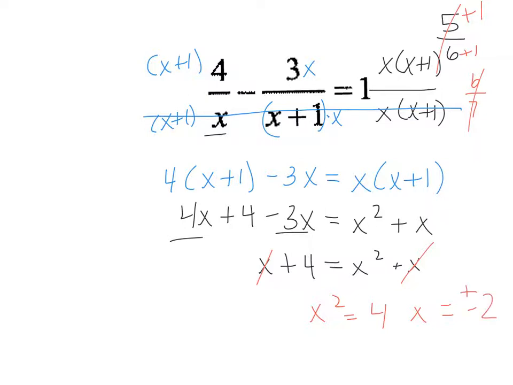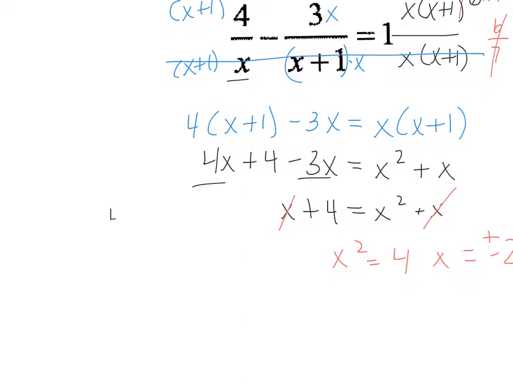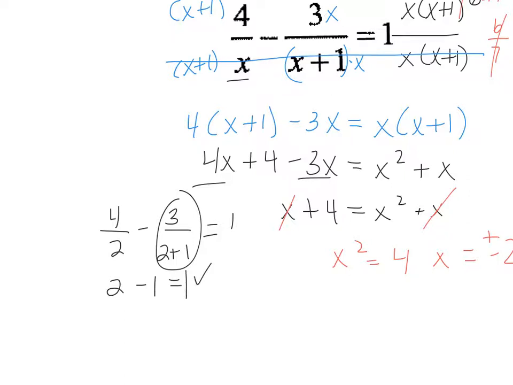So I need to check to see if positive and negative 2 both work. So first I'm going to check positive 2. Does 4 over positive 2 minus 3 over 2 plus 1 equal 1? Does 2 minus, this is going to be 3 over 3, which is 1, equal 1? Yup. So positive 2 works.